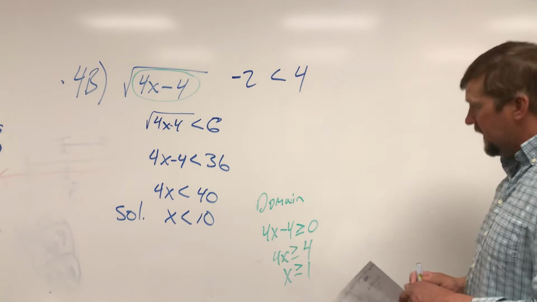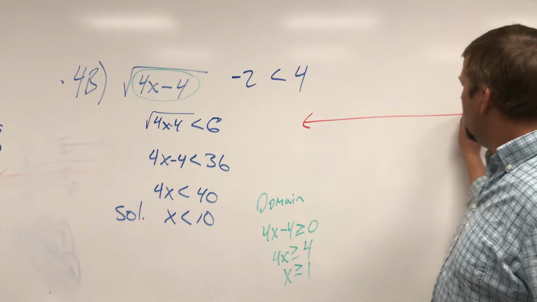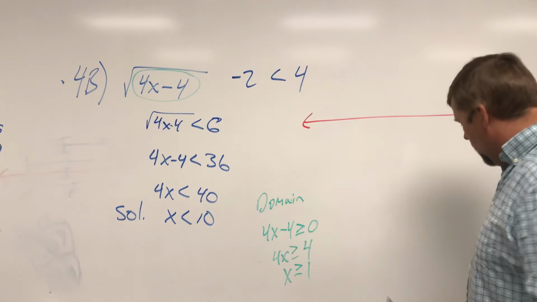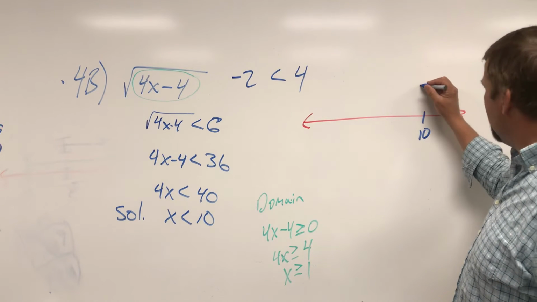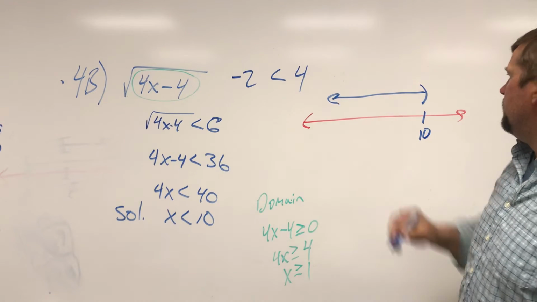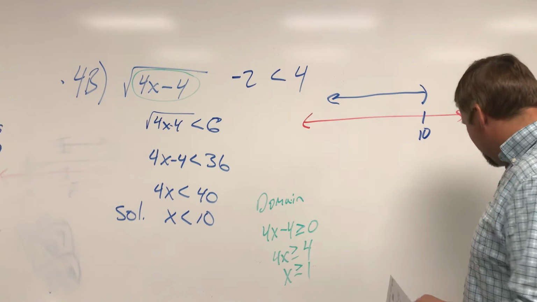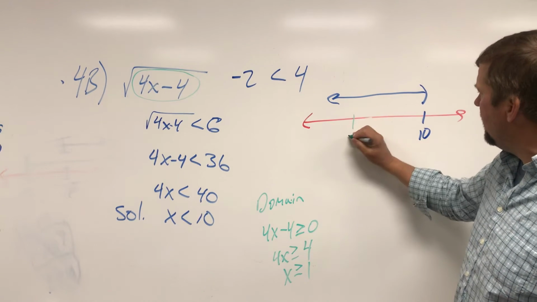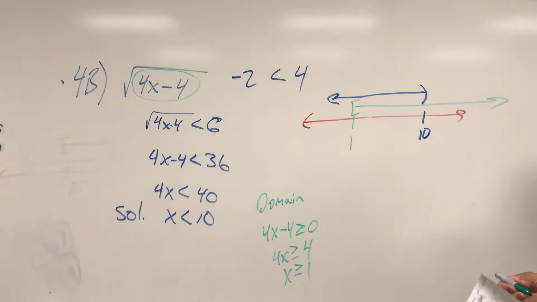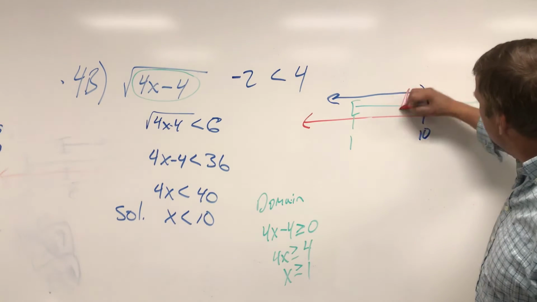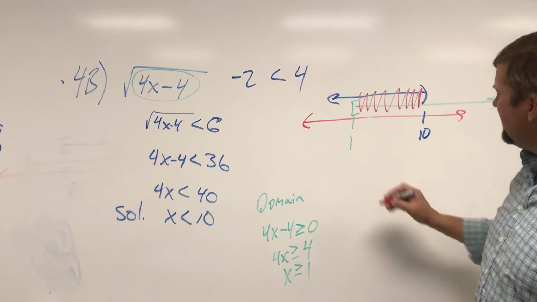Okay, so let's double check this on the number line. According to this, our solutions are everything less than 10. Our domain says x has to be greater than or equal to 1. So the only numbers that are possible are everything between 1 and 10.